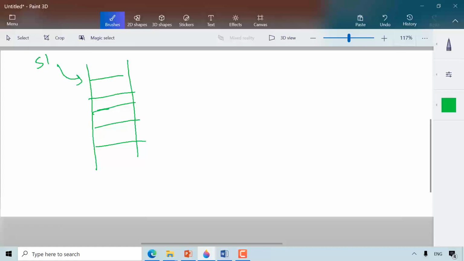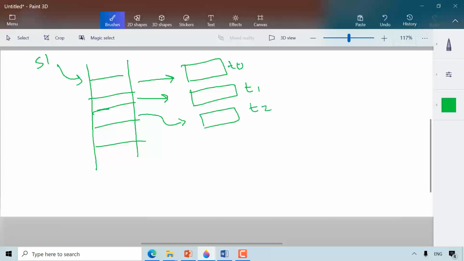What I need to do is copy the register T0. Nothing prevents me from copying those in parallel to different registers, and this is what we call register renaming. So I'm going to copy to register 2 and register 3, and the compiler does that because it will now execute 4 copies of the loop.